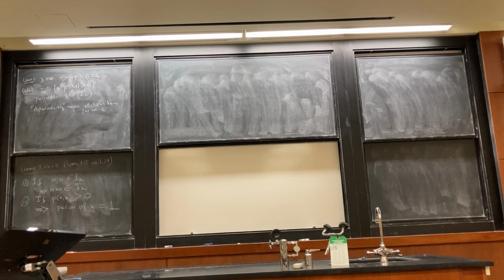And then the last piece, which is a little bit tricky, using number theory. If the period of x is equal to 1, then there will exist an index capital N. Of course, that index N will depend on x.